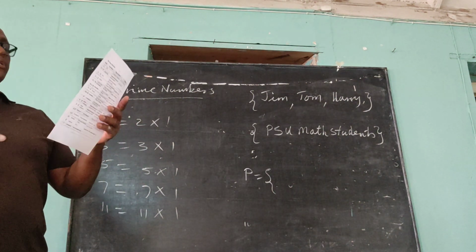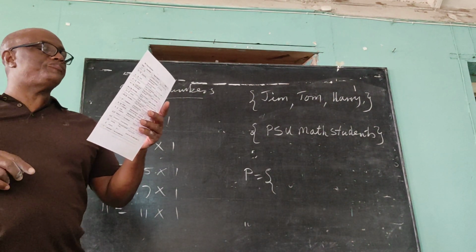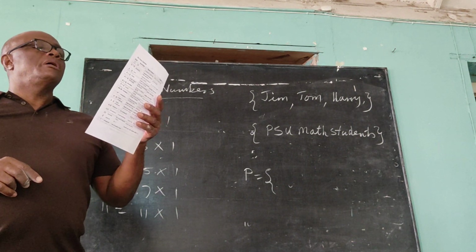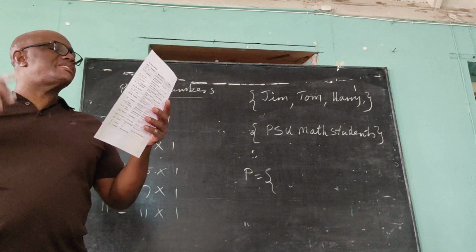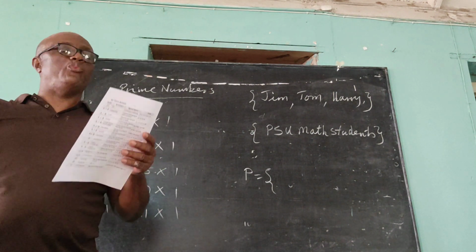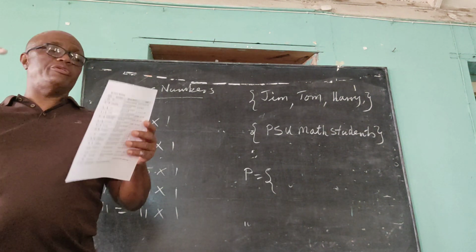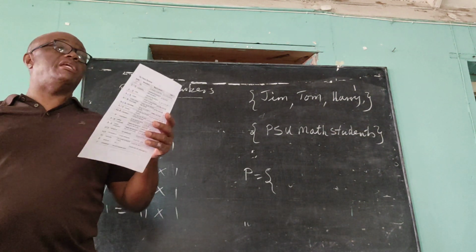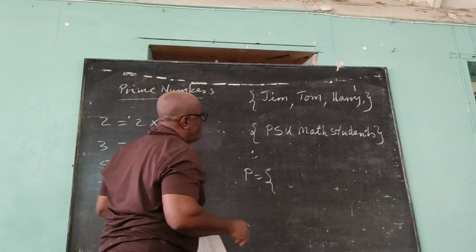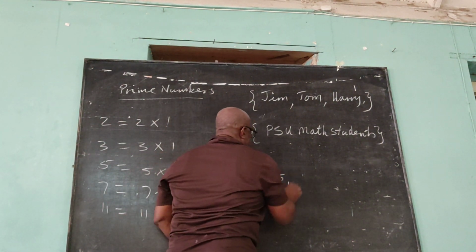Alright, so let's go back to the question now. Prime numbers between 5 and 17 is a well-defined set, and we're going to count 5 and 17, inclusive. The first prime number between 5 and 17 is 5.